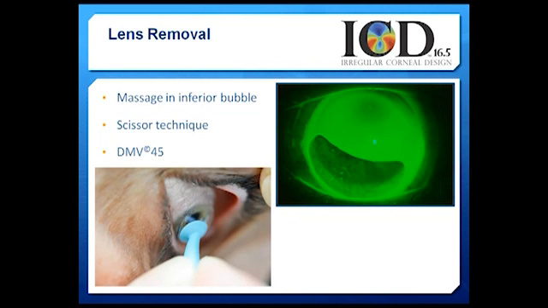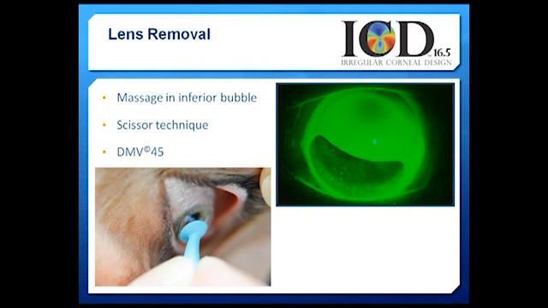Now, to remove the lens, a helpful technique is to press with your index finger on the lower lid below the lens and create a gap between the lens and the eye surface. And this will allow a bubble to squeeze in underneath. Once that bubble's in there, you've broken the surface tension.